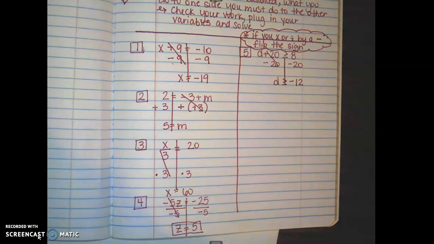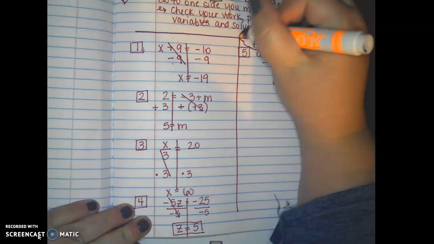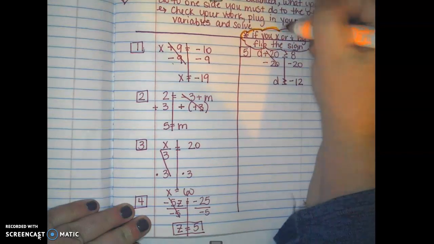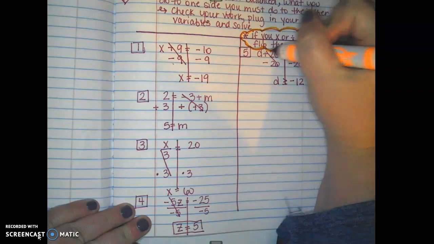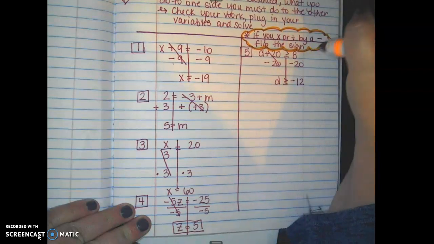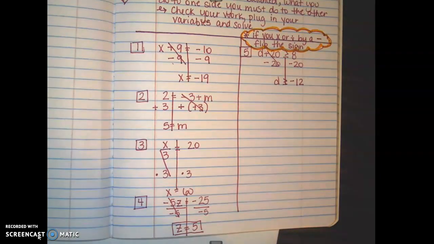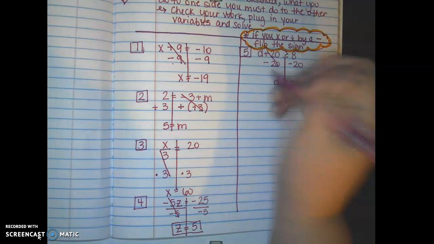I know, but I want it to stand out. If you have a highlighter and you want to highlight it, that's fine too. It is important. I'll do mine a different color just to make it stand out even more. Because it is important. And because we didn't multiply or divide by a negative, we subtracted, we get to keep that sign.